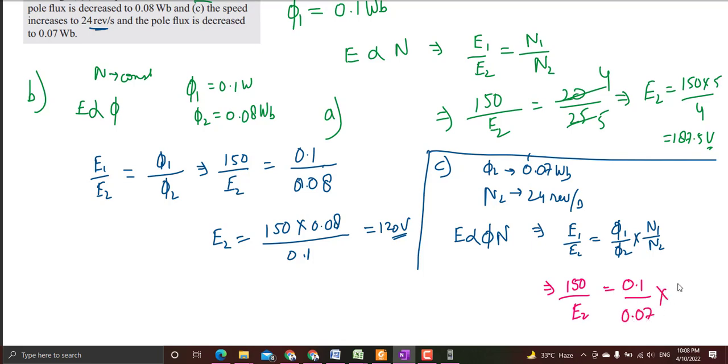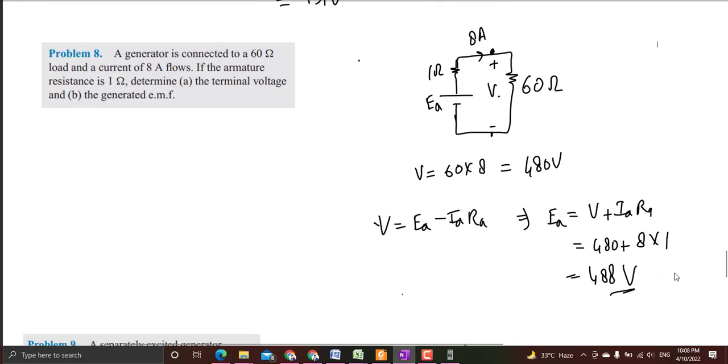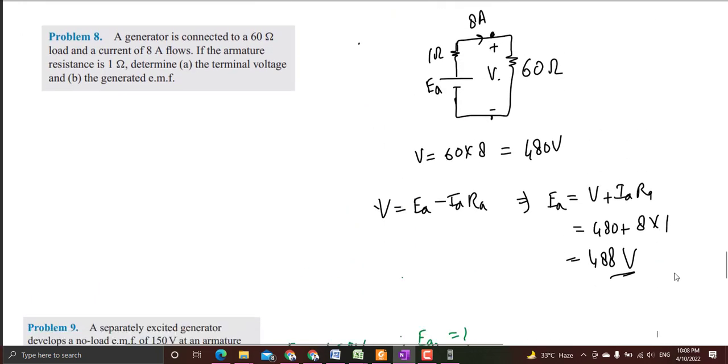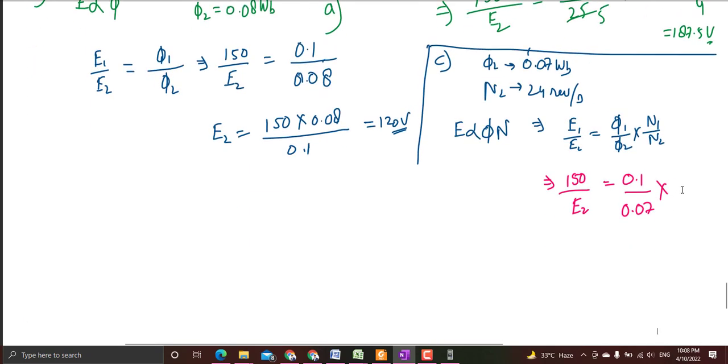N1 was earlier 20, and now it has changed to 24. So E2, I need to find E2.